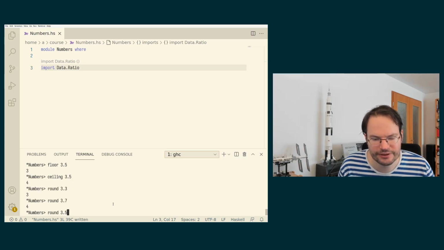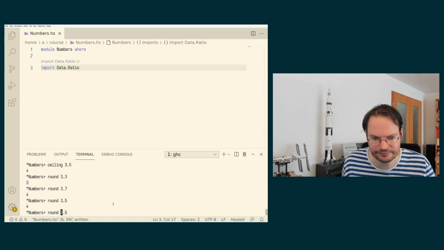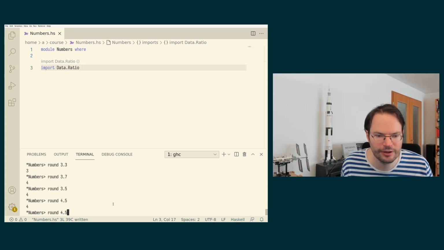And there round takes the perhaps slightly unusual approach to round to the nearest even number. So it doesn't always round up or always round down, but it rounds towards the nearest even number. So in the case of 3.5, the nearest even number is 4, so it will round up. In the case of 4.5, the nearest even number is still 4, so it will round down.